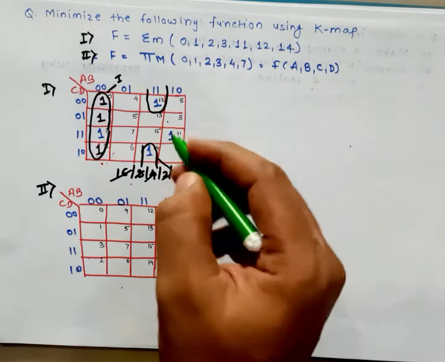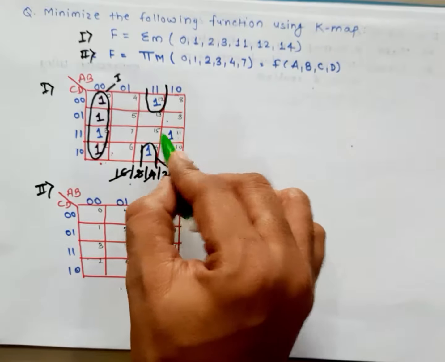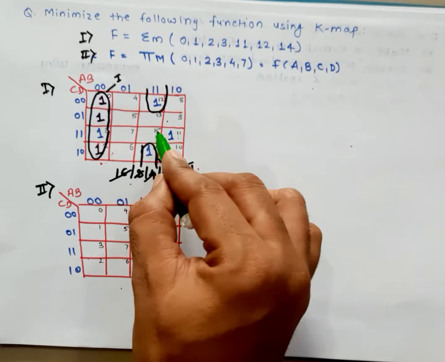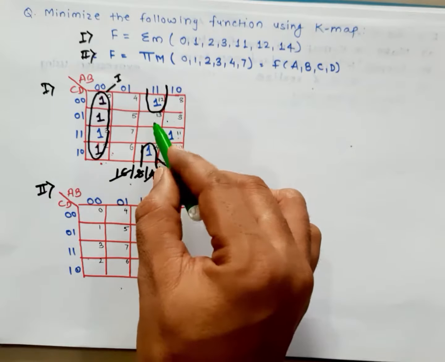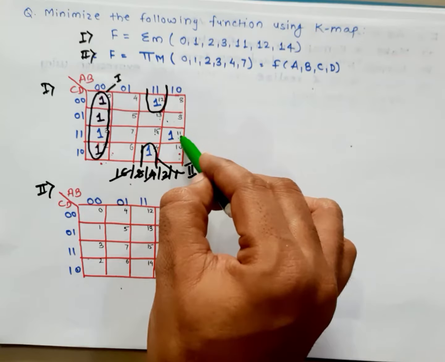Now the remaining cell with a high value is only this 11. So check whether adjacent cells have a high value. In a 4 variable K-map, each cell has 4 adjacent cells, like 15 has 13, 7, 14 and 11 as adjacent cells.